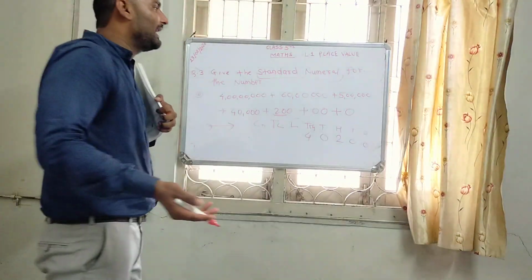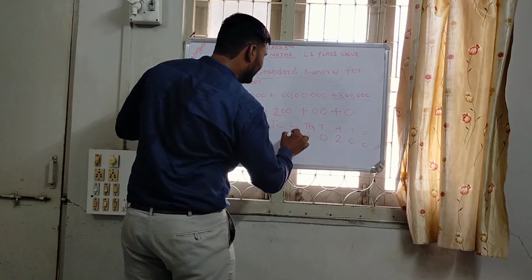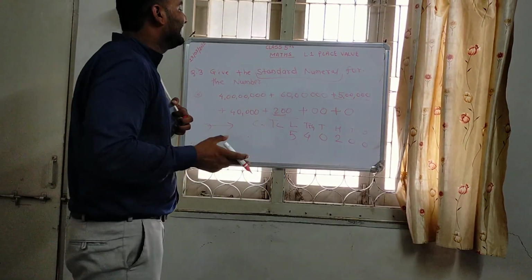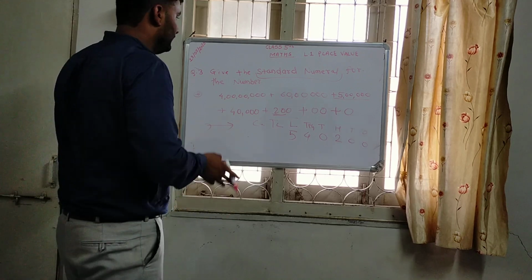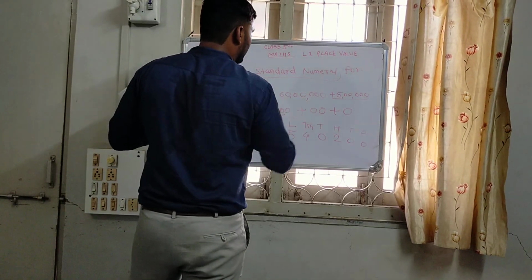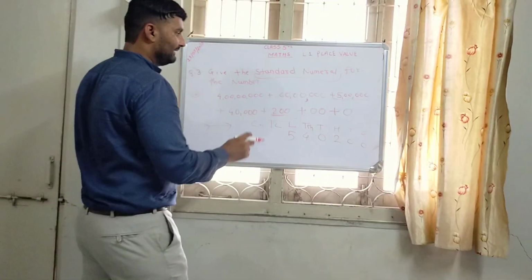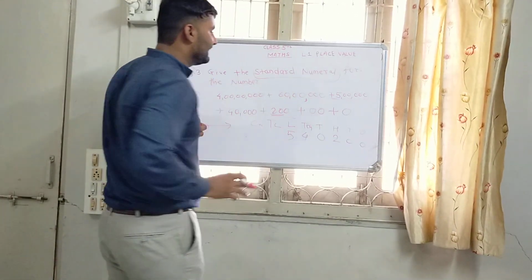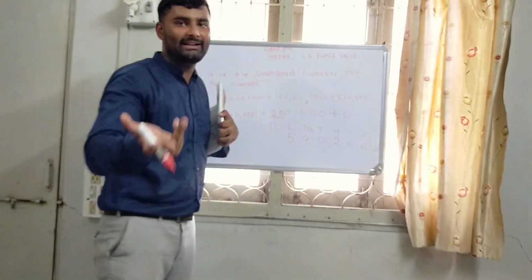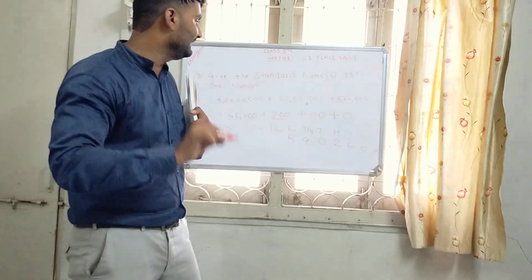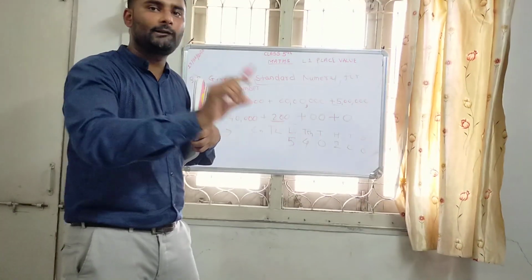How many lakhs are there? 5 lakhs are there. How many 10 lakhs are there? Okay, so just put the commas. 6 10 lakhs are there. That makes 60 lakh. 60 lakh means 6 into 10 lakh.